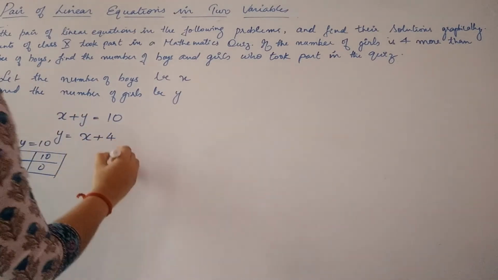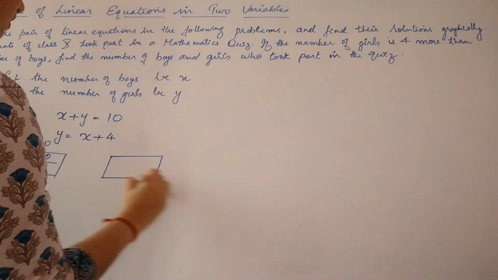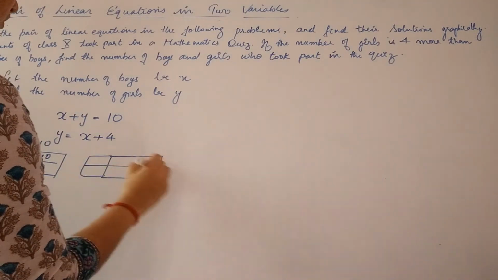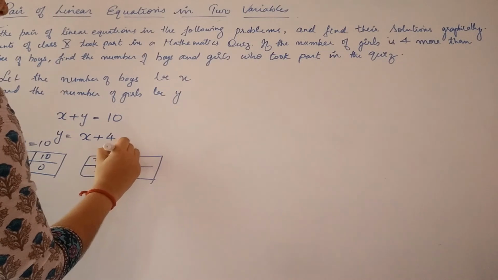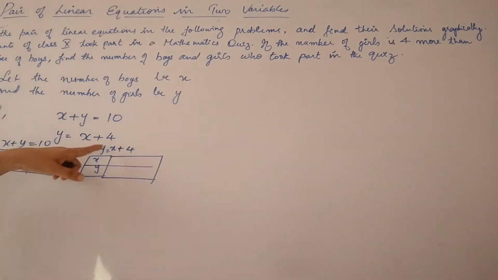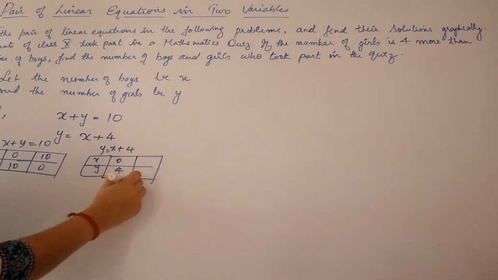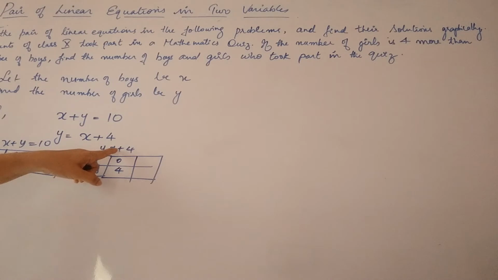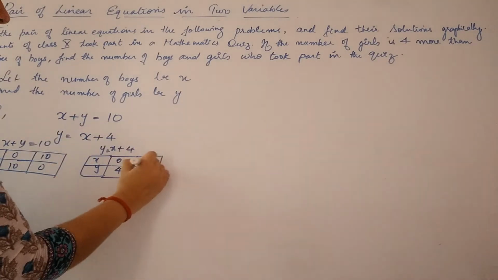Now for the second one, y equal to x plus 4: when x is 0, y is 4. And when y is 0, x plus 4 is equal to 0, that is x equal to minus 4. When y is 0, x is minus 4.